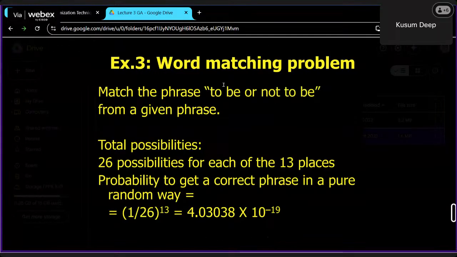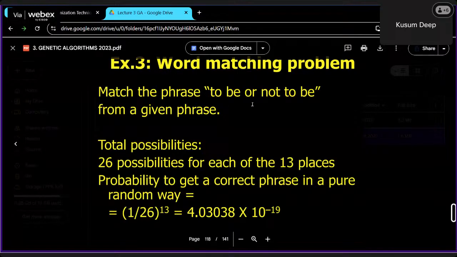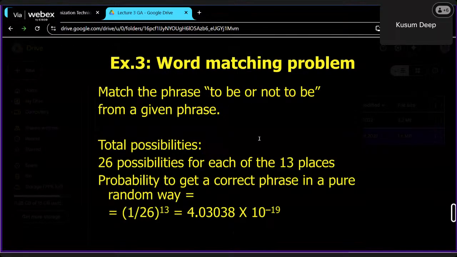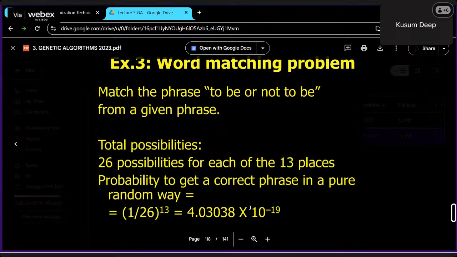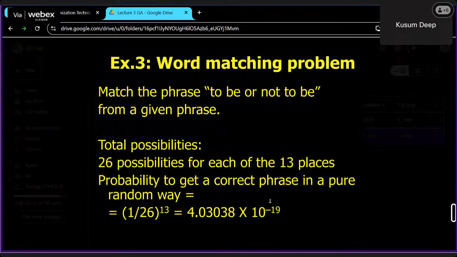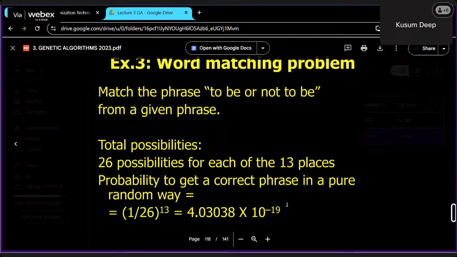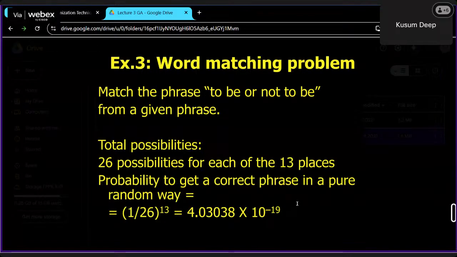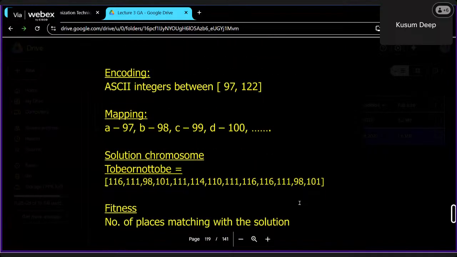Now imagine that this phrase is too small. Suppose the phrase is very large, a text of 100 pages. Then the complexity of the problem will increase drastically, which means it is very, very unlikely that the matching will occur. So let's try to solve it using GA.